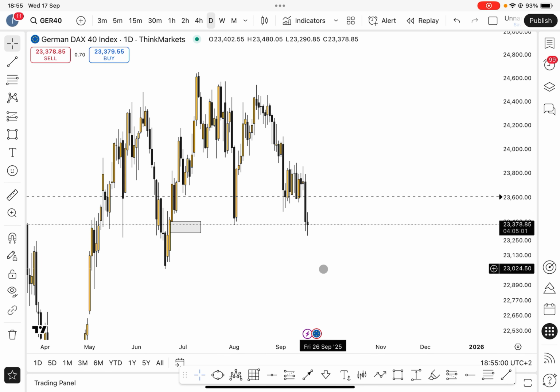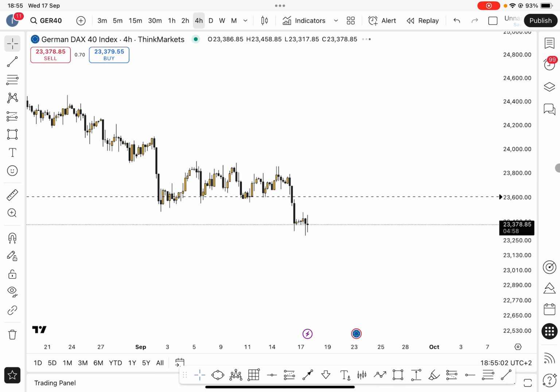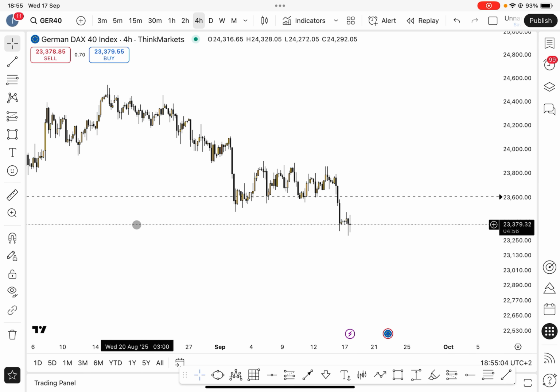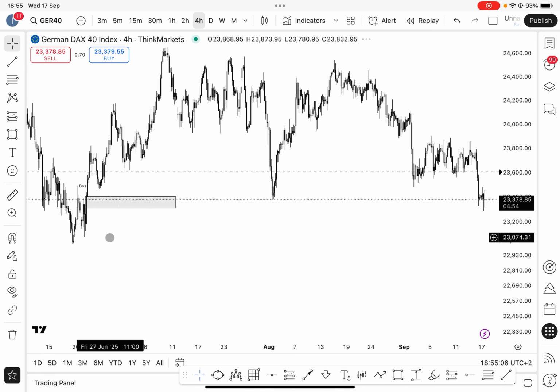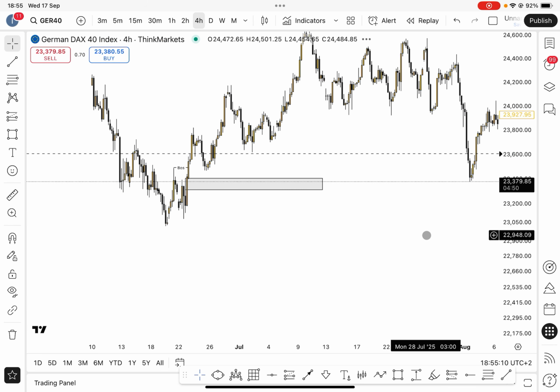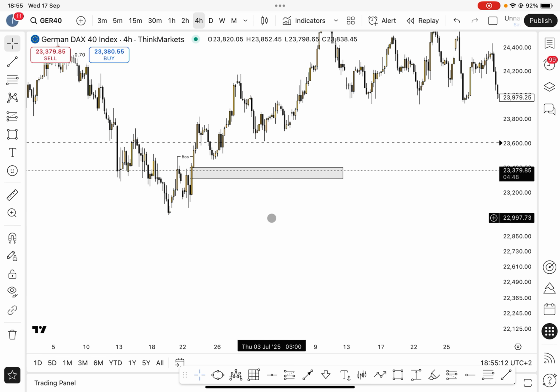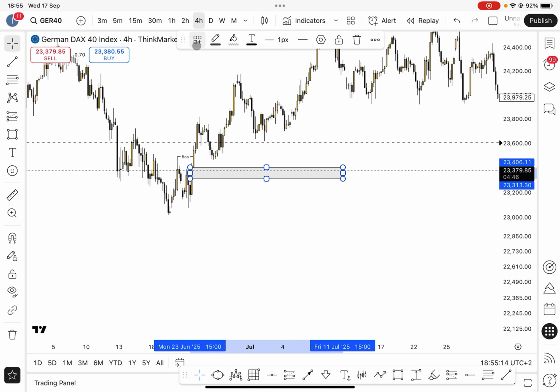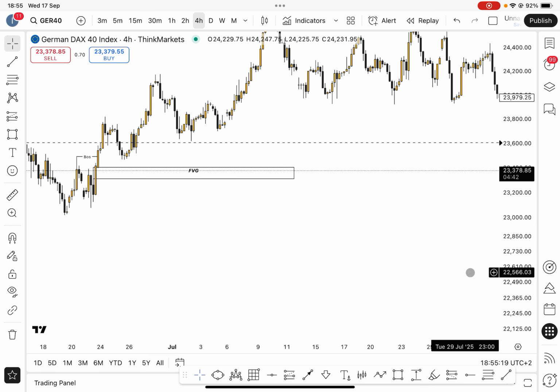We are in a downtrend, but what we are doing today is to identify how to know a valid order block. So these are FVG here.